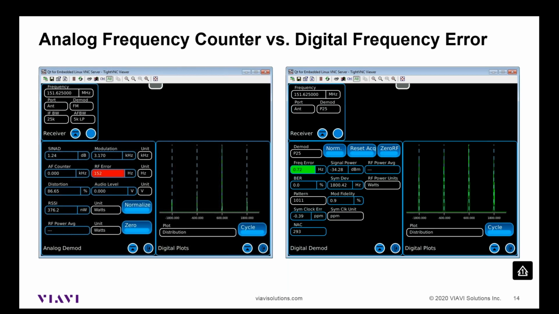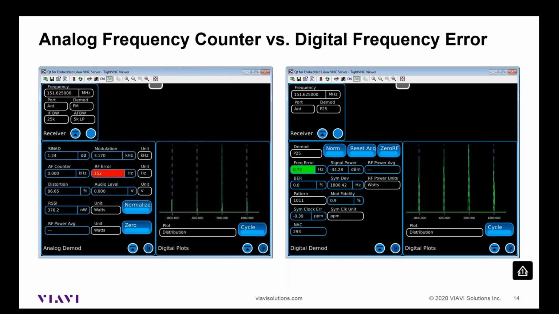Now, I've talked to customers over the years who have tested their digital radios with an analog service monitor, and they've told me, hey, my radio is off frequency. They key the radio up and it's transmitting this pattern, and they adjust it so that the analog frequency counter reads zero. Now the radio is actually off frequency, and what they'll report is the radio performance suffers.